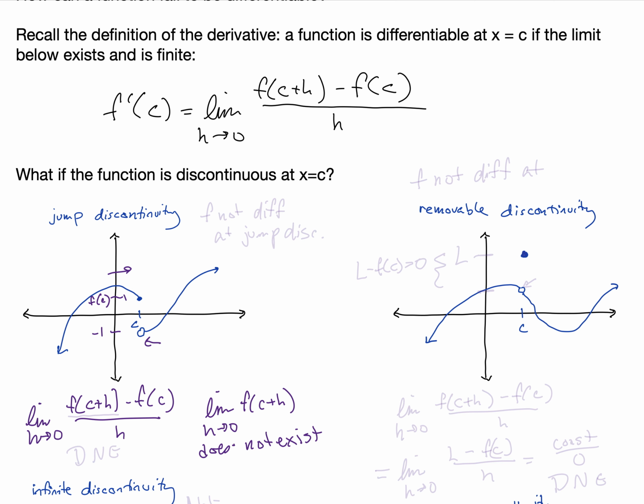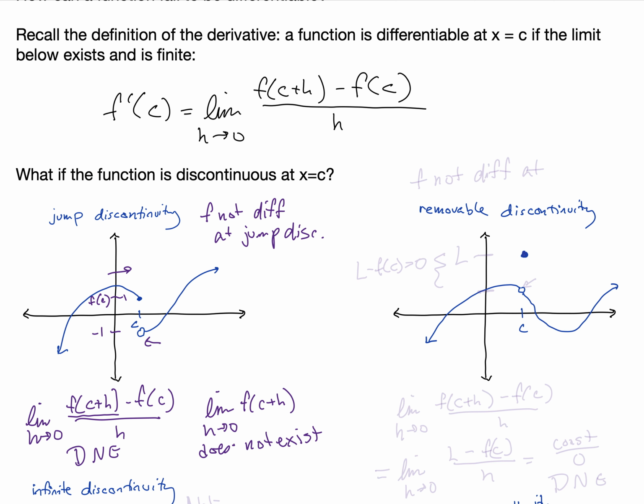So this limit does not exist, and since it does not exist, the overall limit does not exist. So in the case of a jump discontinuity, f is not differentiable at a jump discontinuity. All right, what if we've got a removable discontinuity?